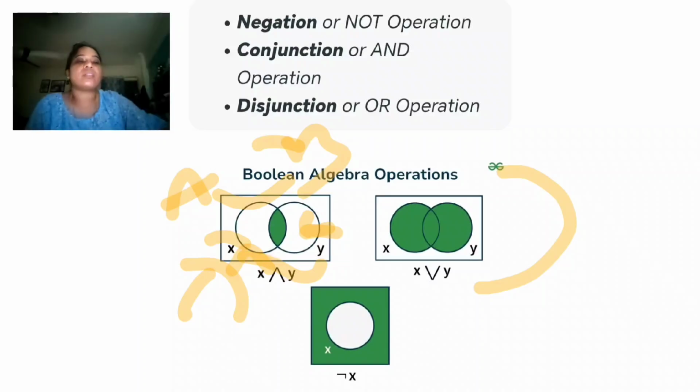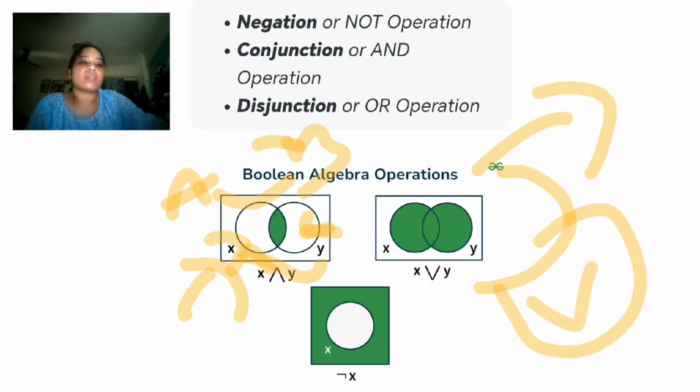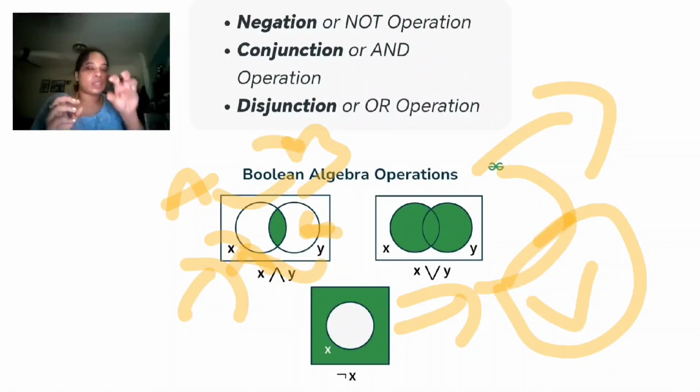This is the operation for OR, and this symbol is the caret. And here you can see the NOT operation, which means negation. You can choose a particular part. If you are joining, you should use the AND operation.